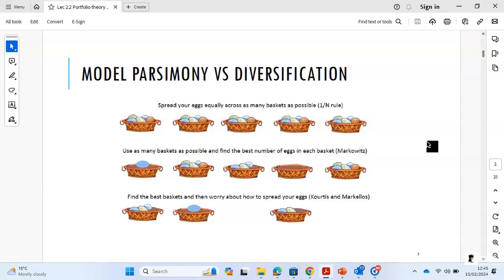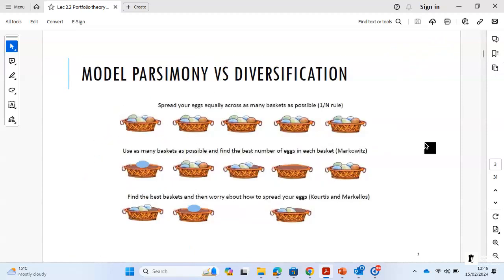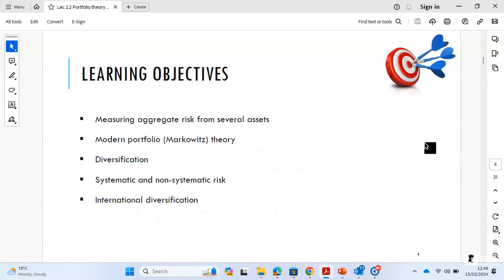So we'll build on this, and I'll show you why diversification is important. So we'll go through this. We'll look at the broader picture first, and then we'll go to the technical bits, how to calculate the effect of diversification. So we'll do the two things together. Okay. So what are we going to learn in today's session? We'll talk about measuring aggregate risk from several assets, but for simplicity, we'll work with an example of two assets.